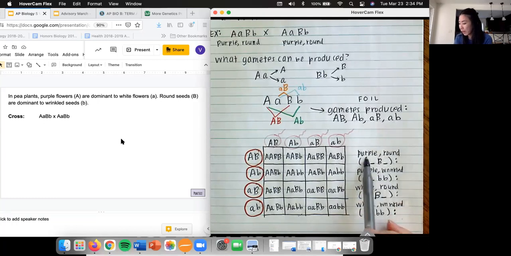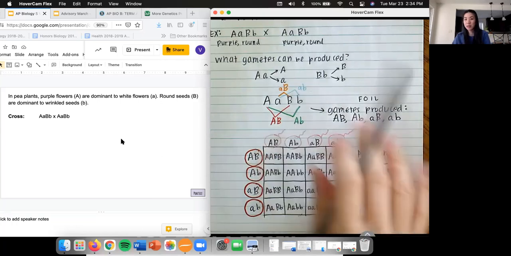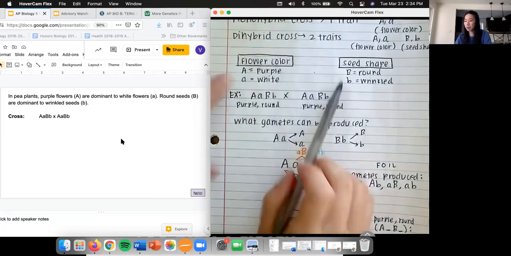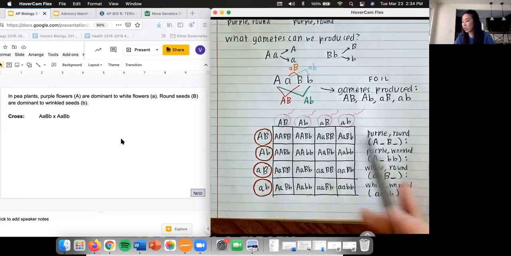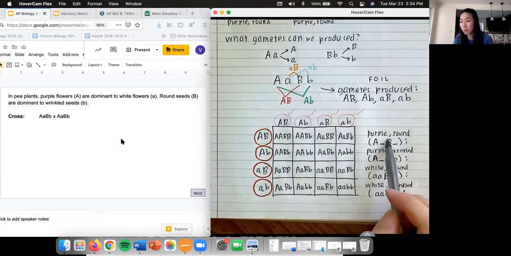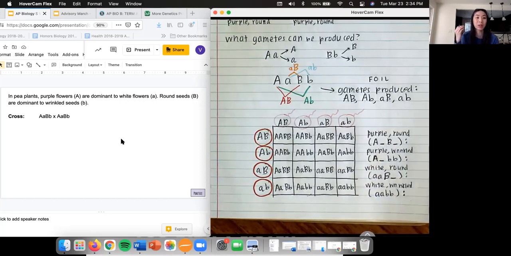So purple and round, they're both the dominant traits up here. So they're both the capital letters. That means that using that notation, big A dash, big B dash, that dash means that the second letter could be either a capital or lowercase. You're still going to end up with purple and round.